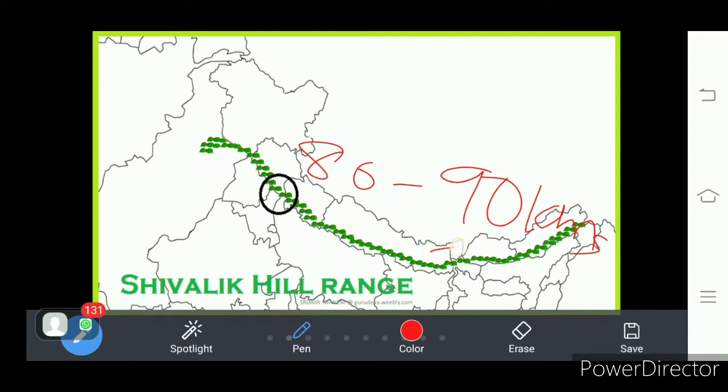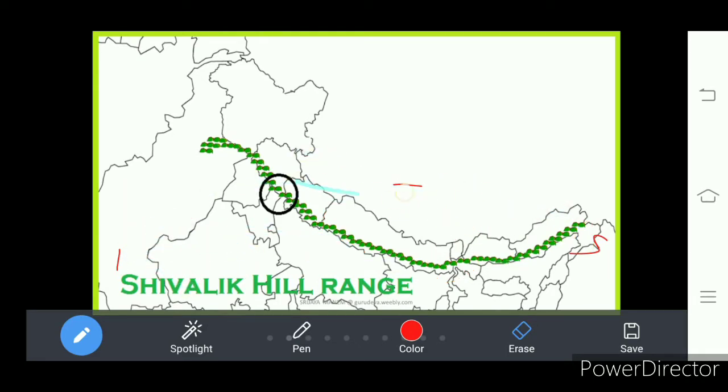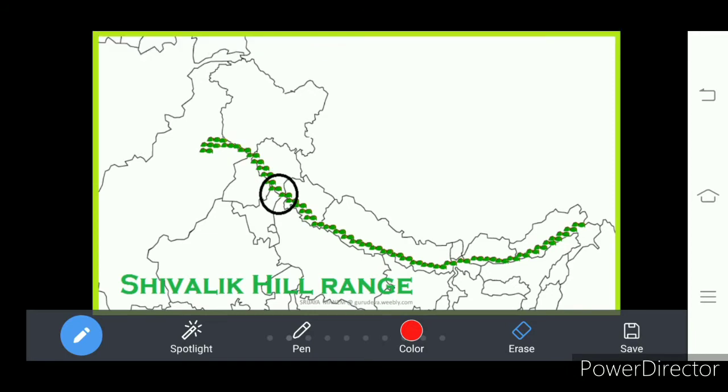Dear students, here is the location of the river between Bhutan and Sikkim, and its average elevation is 600 meters to 1500 meters above sea level. It means that its average height is lower than the average height of Himadri, or not?